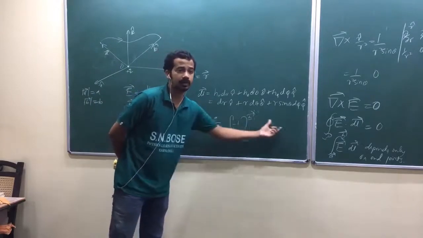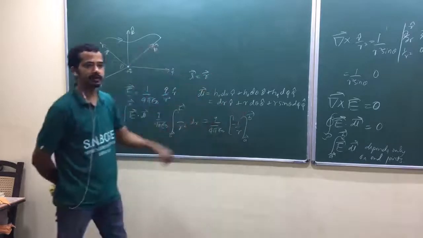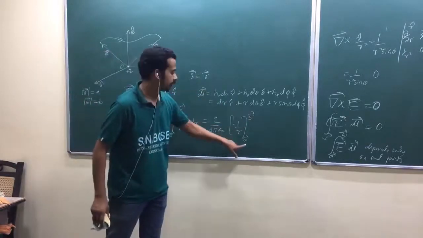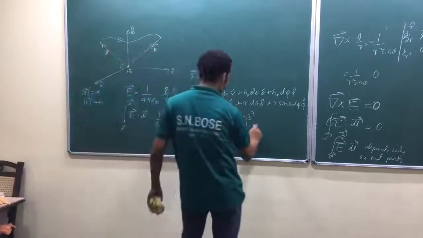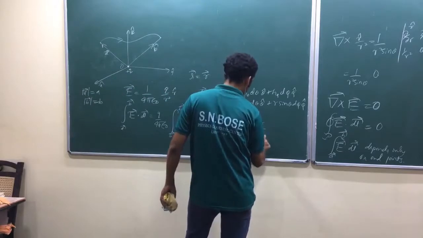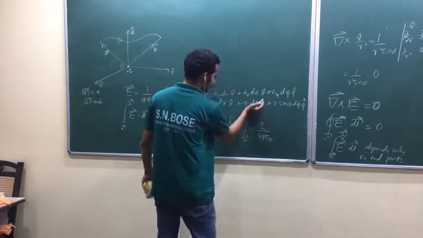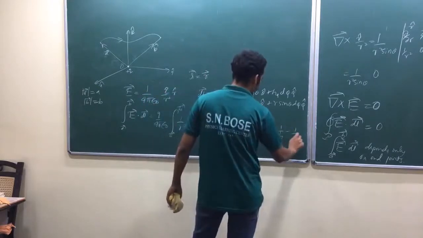Don't write vector in the next step. Are you getting my point? This position vector will talk about a point in space. You have to take r at this point in space, and r at this point in space. That is the meaning. Okay, so now that means minus q by 4 pi epsilon naught. Look here. I'd better write in the scalar form, you may get confused. 1 by b minus 1 by a. Check it out.